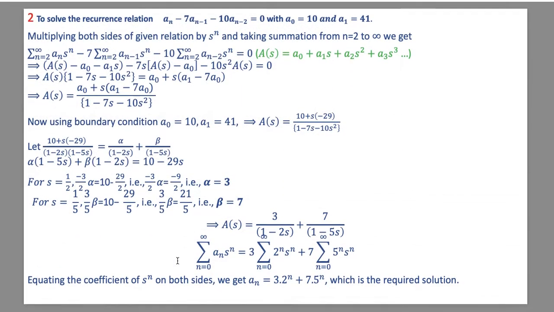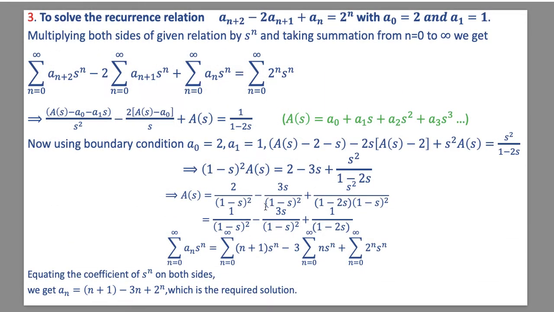So using this, I have written n plus 1 s^n. This is the corresponding numeric function. 3s upon 1 minus s whole square gives n s^n, and 1 upon 1 minus 2s gives 2 raised to power n s^n. Now equate the coefficient of s raised to power n on both sides. We get an equal to n plus 1 minus 3n plus 2 raised to power n, which is the required solution.